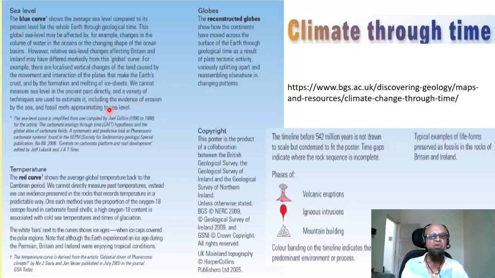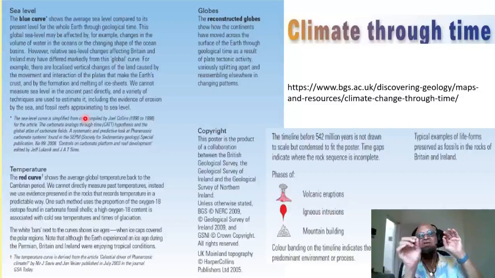We cannot measure sea level in the ancient past directly, and a variety of techniques are used to estimate past sea levels. We cannot measure how high it was, but we can see how different it was from the present. Was it higher than before, or was it lower than before? Okay, so these we call anomalies.